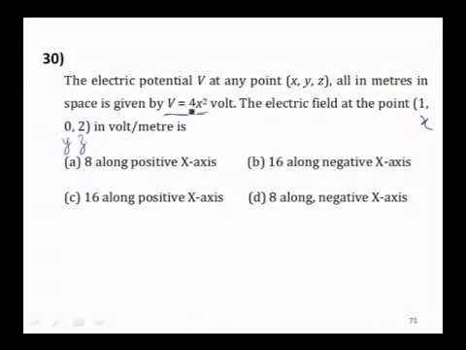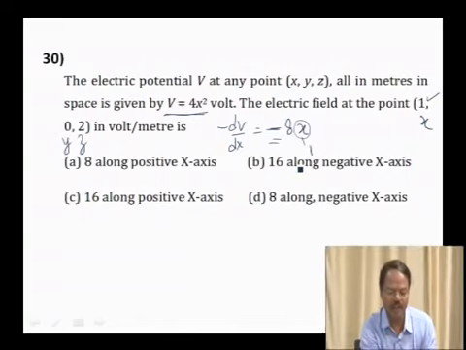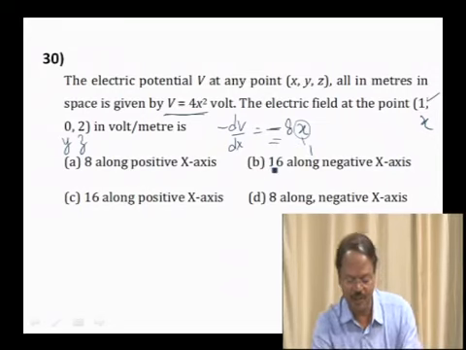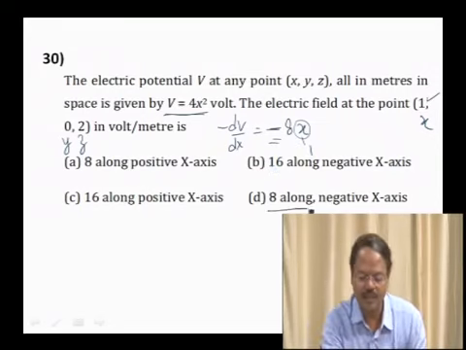And electric field is the negative potential gradient, minus dV by dx will be minus 8x. So, minus of x means it is in the negative x direction, and 8 is the value if x is 1 for this point. So, therefore, it is 8 along the negative x direction. For the question number 30, this should be the answer.